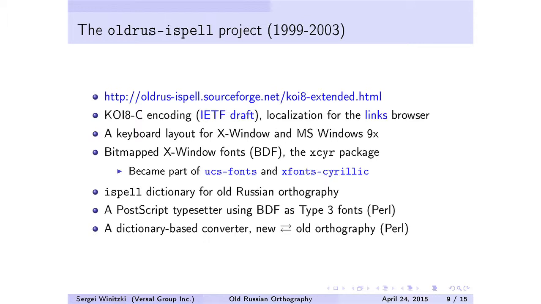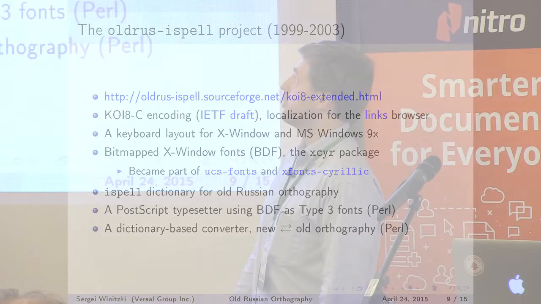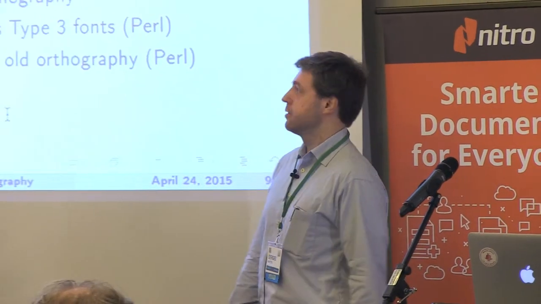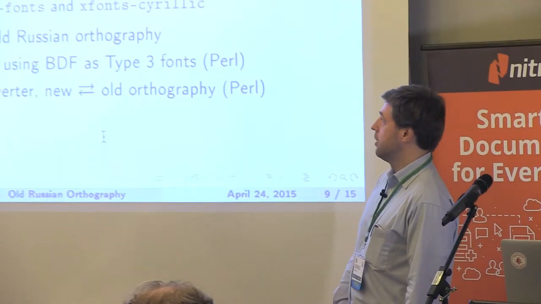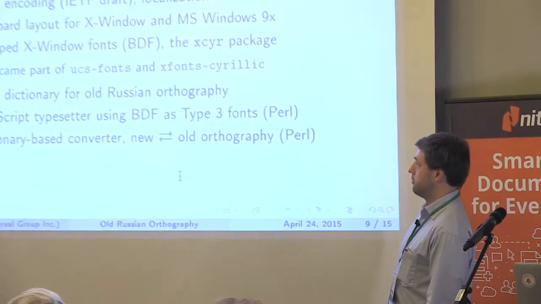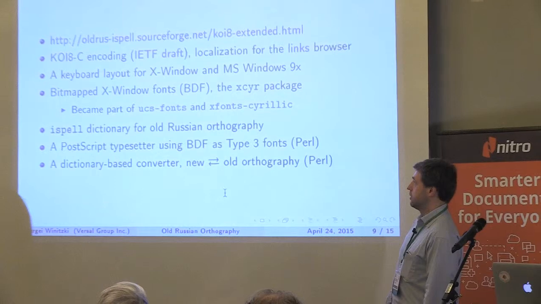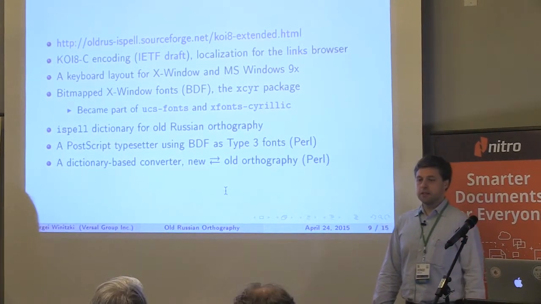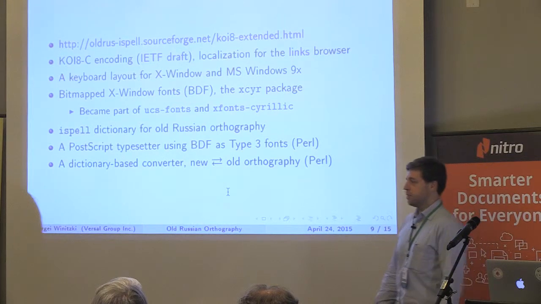I prepared keyboard layouts for the X Windows system and for Microsoft Windows so that I could type in this encoding. I prepared the on-screen fonts that were based on previously existing Cyrillic on-screen fonts for X Window.